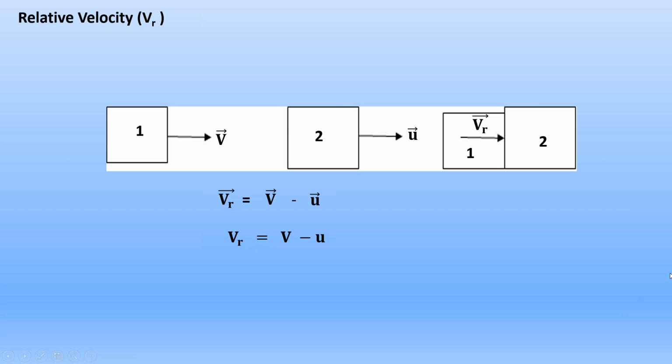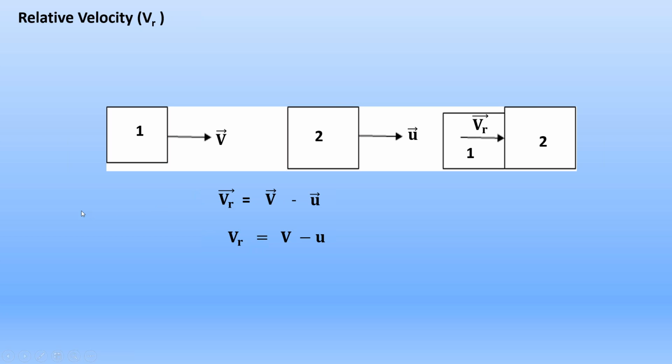Vr bar is called the relative velocity of the first body with respect to the second body.